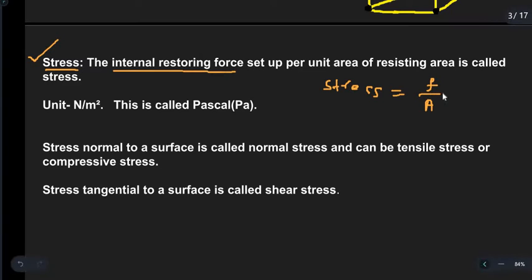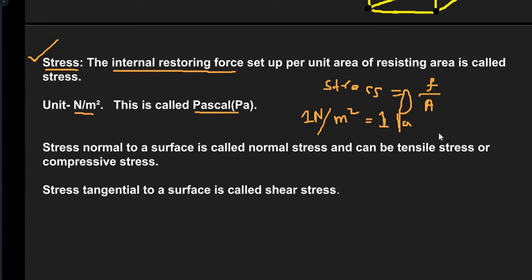So stress is equal to F upon A. The unit is Newton per meter square, and you know that this Newton per meter square is also called Pascal, in honor of Blaise Pascal, right? So 1 Newton per meter square is equal to 1 Pascal, right?